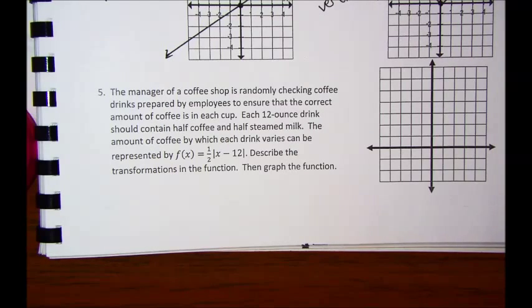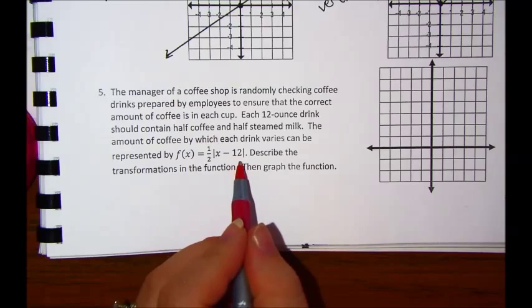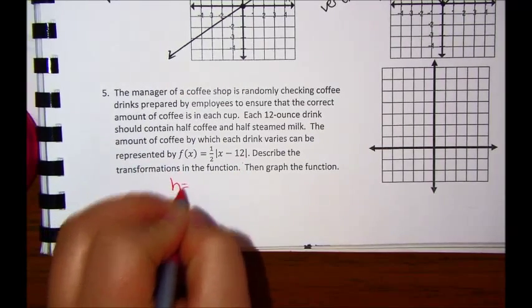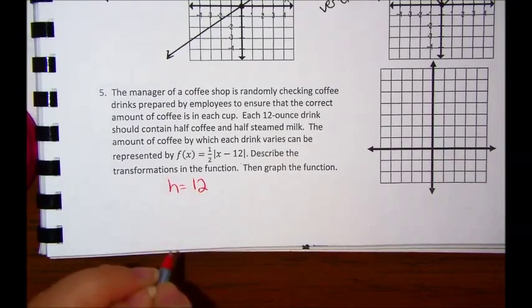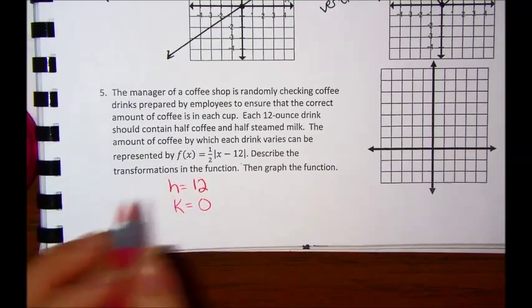So we need to first identify h and k. H in this problem comes from inside these absolute value signs, and it's the opposite sign. So h is equal to 12. K is just 0.